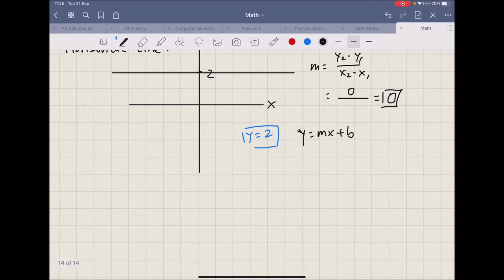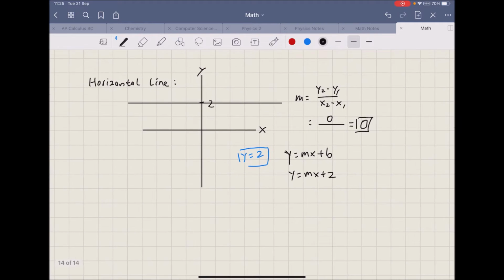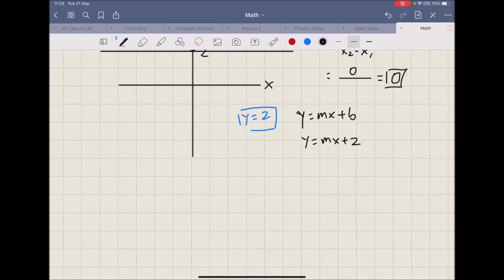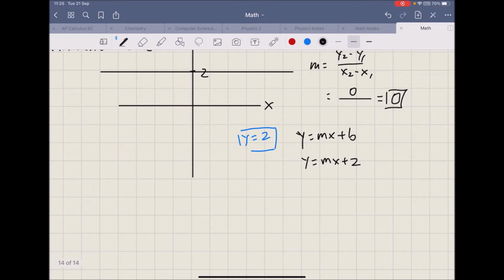And here, b is the y-intercept. And the y-intercept is 2, so we write it as y equals mx plus 2. However, as we found here, m is 0, so it does not matter what x is. We can just write y equals 0 plus 2, and the equation is y equals 2.